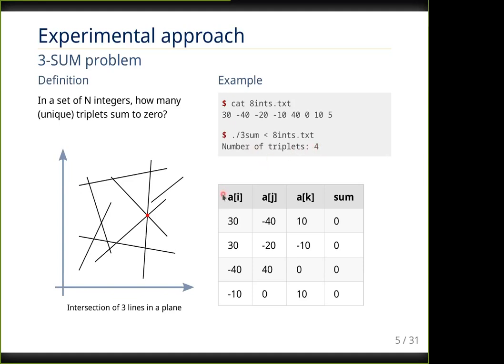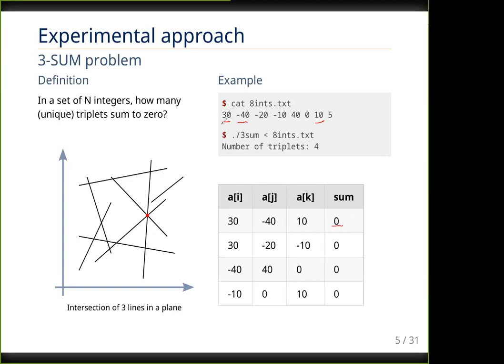I actually put them in that table. We can do the first one here, for example. It tells us that we have one triplet, which is 30, minus 40 and 10. When you sum those values, it gives you 0.